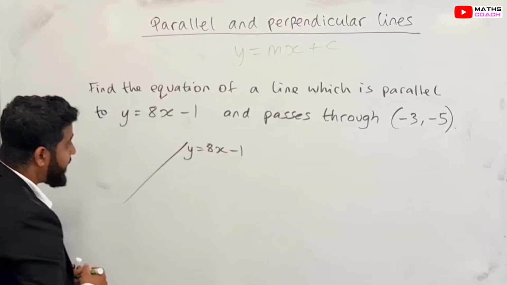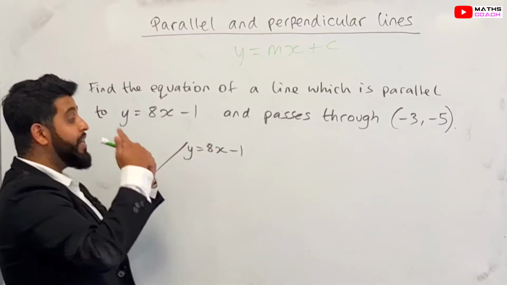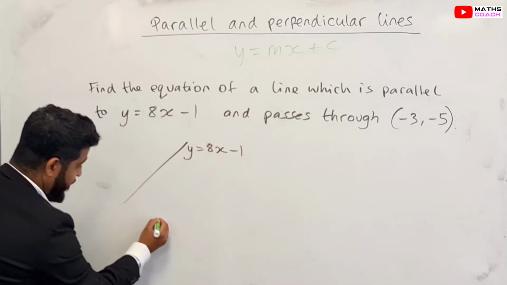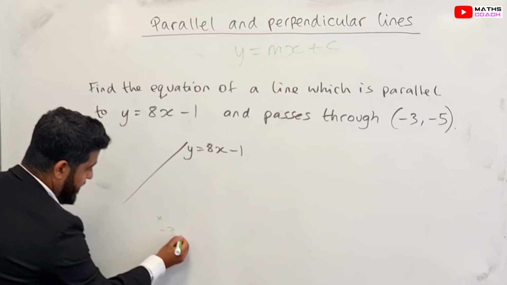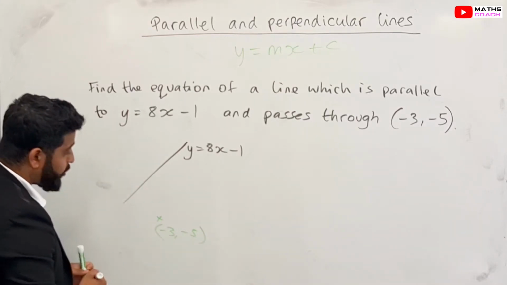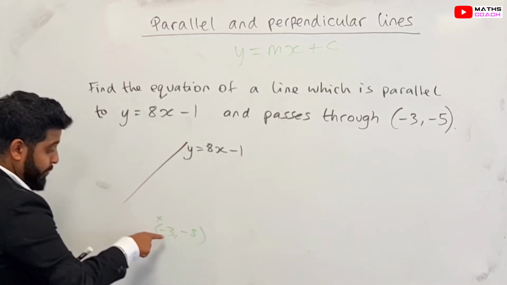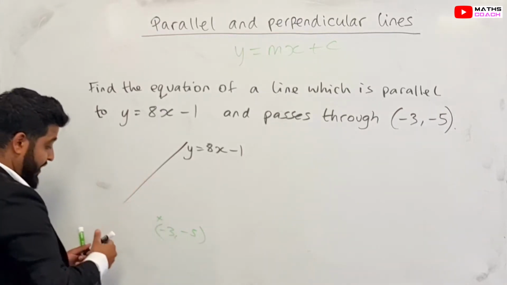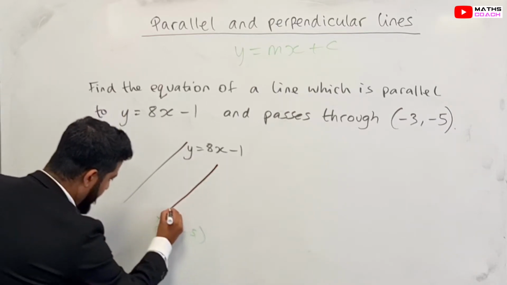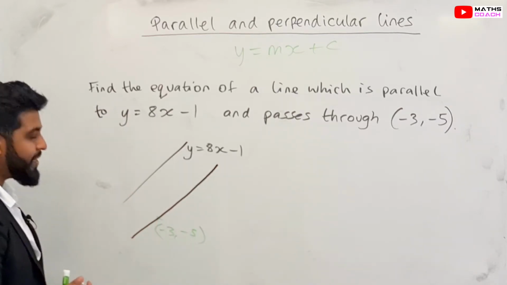And we want to find the equation of another line that passes through minus 3, minus 5. So let's just draw the minus 3, minus 5 coordinate right there. So if we were to draw the line which is going through this point but is also parallel to this, what does it look like? Well, obviously it's going to have to be parallel to this line and it will look something like that.